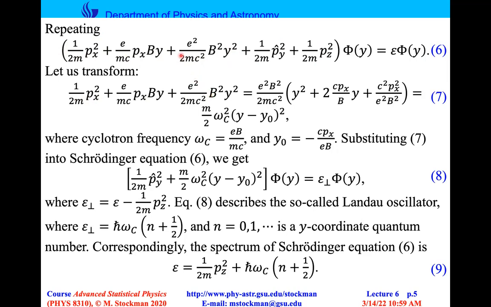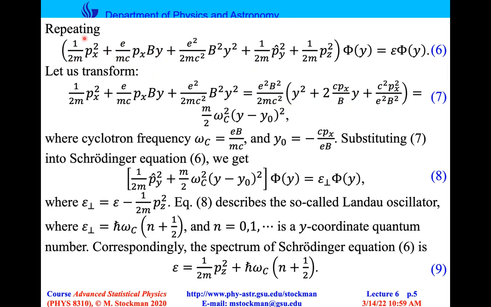I am taking outside the coefficient at this term, at y squared. Now this should be E over mc, so I need to multiply this coefficient E over mc Px by y. I divide by B, so B will be the first power multiplied by c, and c will be the first power, so I'm reproducing this term exactly.